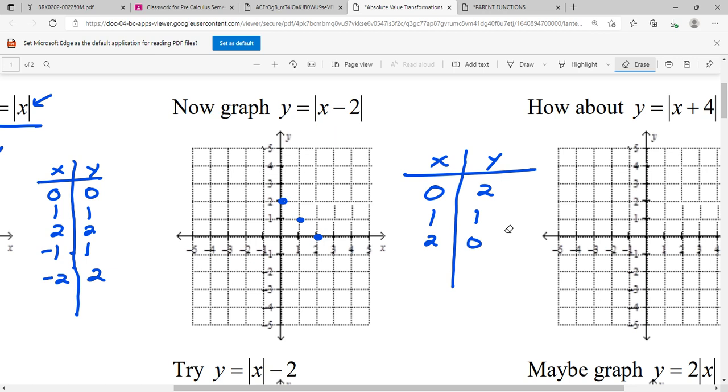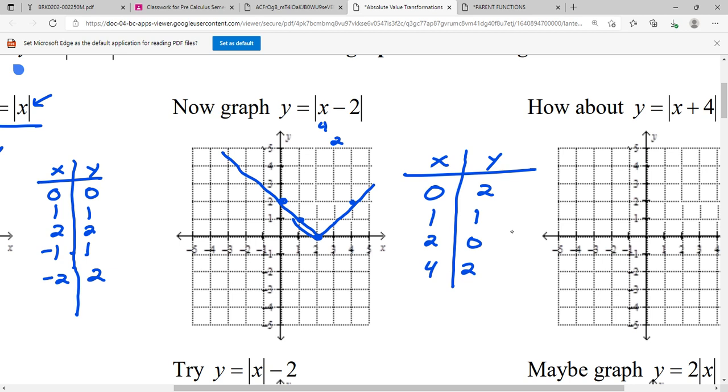We could do a couple more. What if we have 4? 4 minus 2 is 2. If we go to 4, we're going to be at 2. We still have our V shape, but it's just been shifted two units to the right.